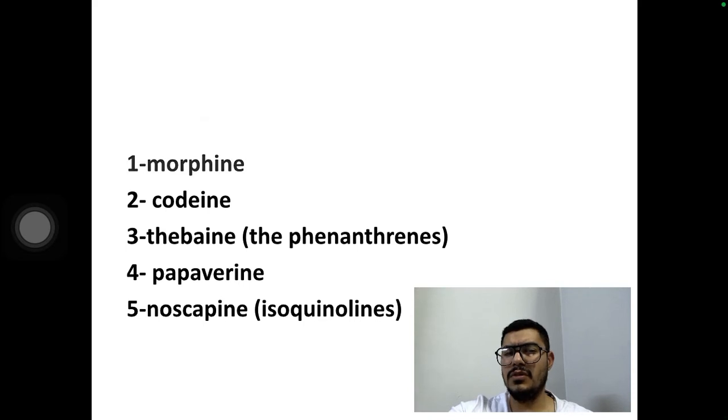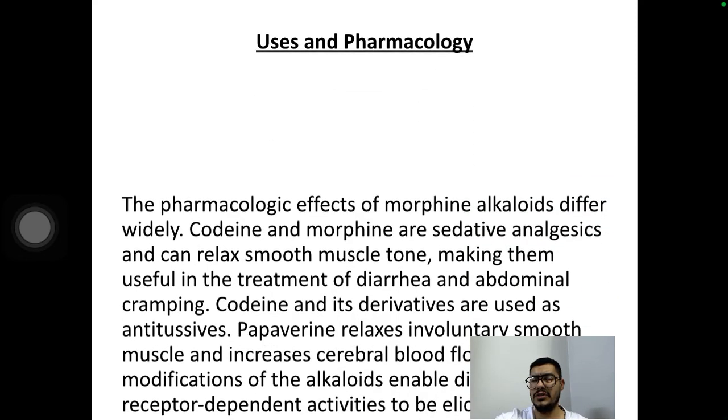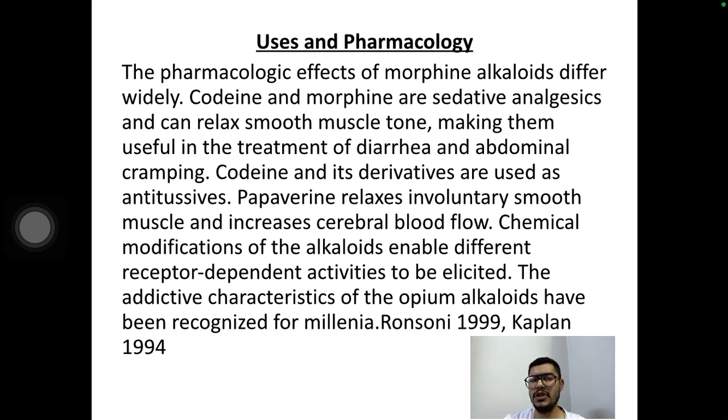So let's talk about uses and pharmacology. The pharmacologic effects of morphine alkaloids differ widely. Codeine and morphine are sedative analgesics and can relax smooth muscle tone, making them useful in the treatment of diarrhea and abdominal cramps.